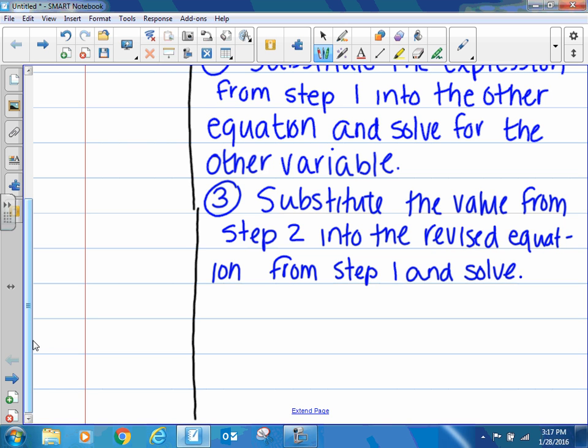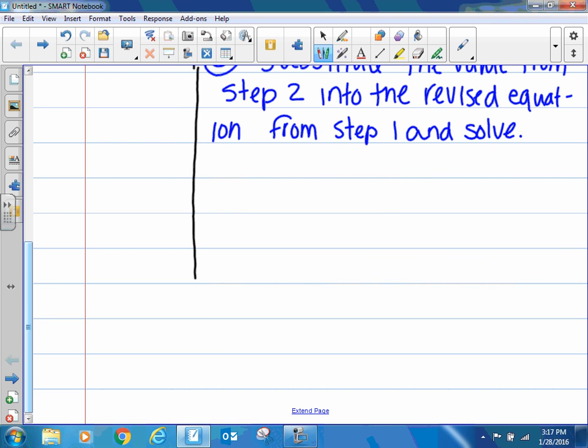Again, I know it sounds a little crazy right now. We have a bunch of different substituting and a bunch of different variables, but I promise when we look at an example, it'll make more sense.